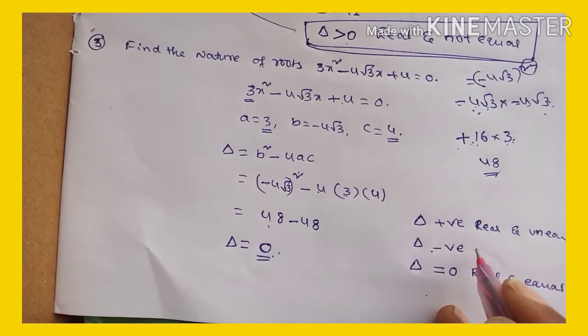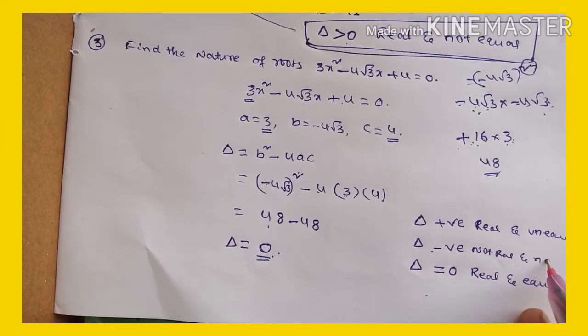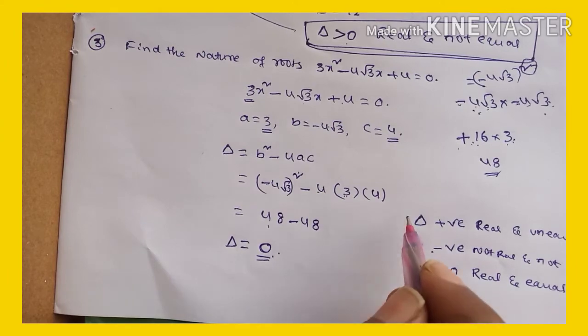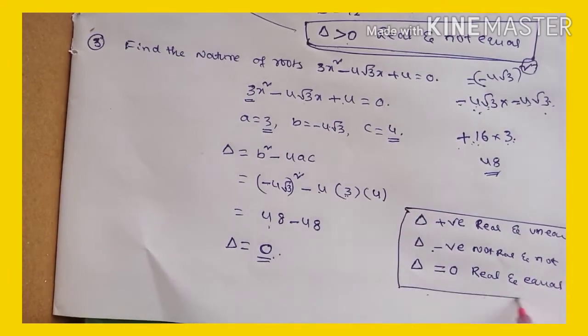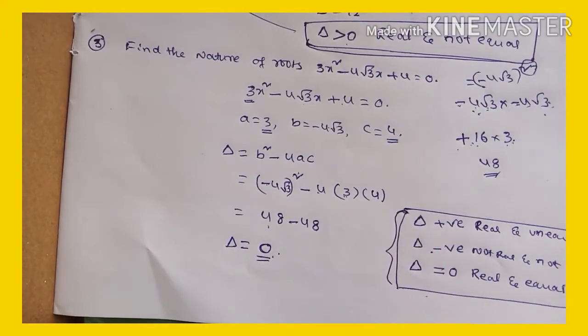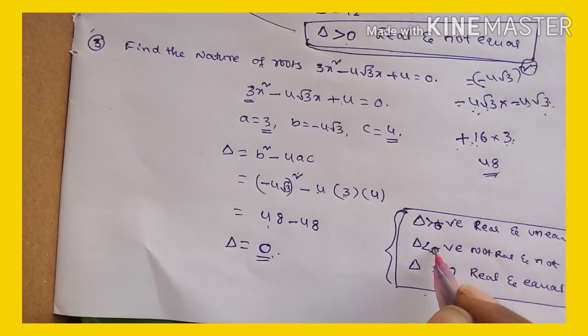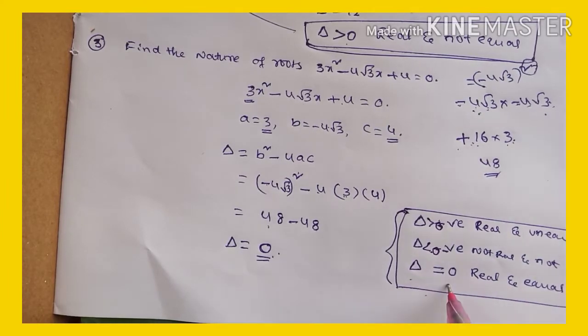If it is negative, roots are not real, and not equal. These three rules you have to apply if you are asked about the nature of the roots. Please memorize these three: delta greater than 0 positive, delta less than 0 negative, delta equal to 0.